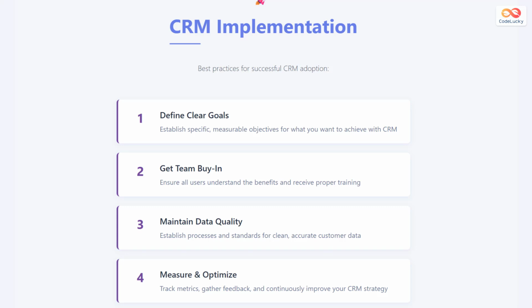Third, maintain data quality. Establish standards for how customer data should be entered and maintain them from day one. Bad data makes the CRM useless. Fourth, measure and optimize. Track key metrics to see if you're achieving your goals, gather feedback from users, and continuously make improvements to how you're using the system.